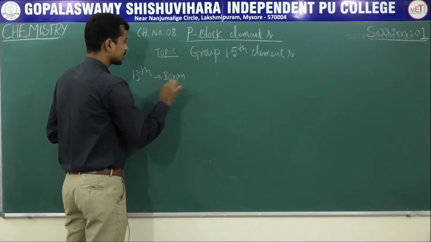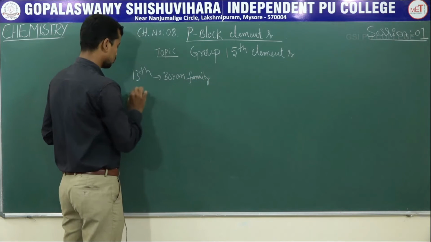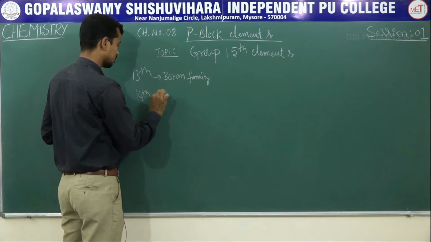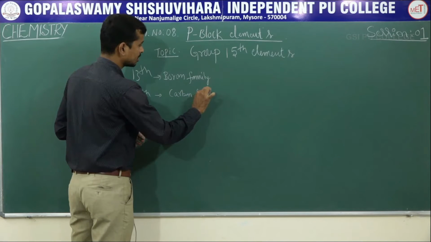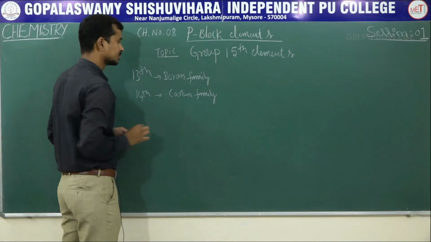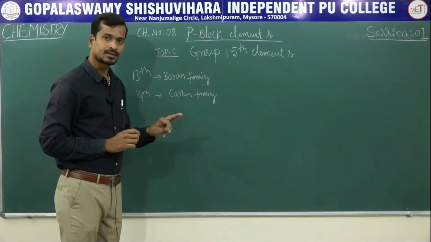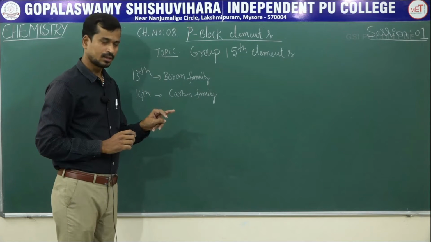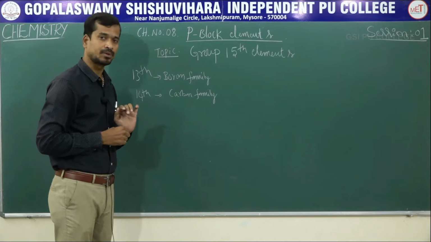Boron family. Group 14th is called what? Carbon family. In your continued part, group 15th, 16th, 17th and 18th elements in second PUC.